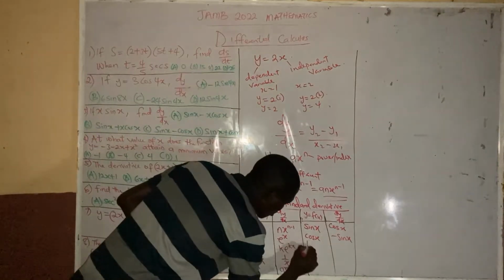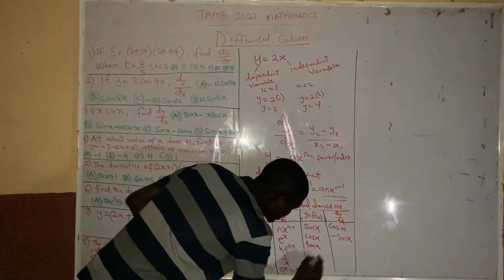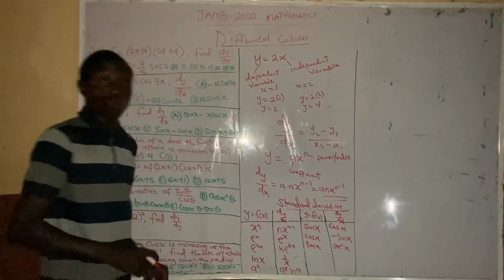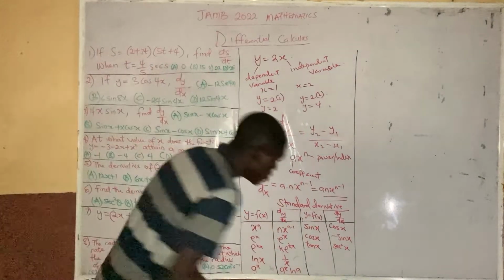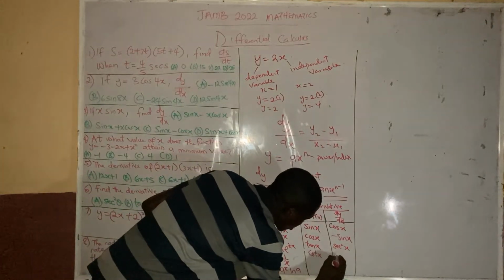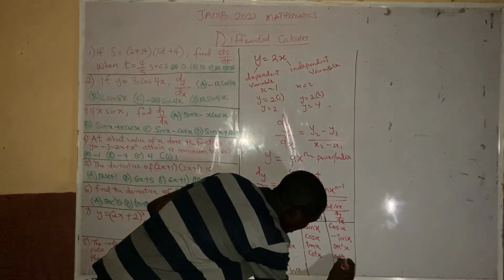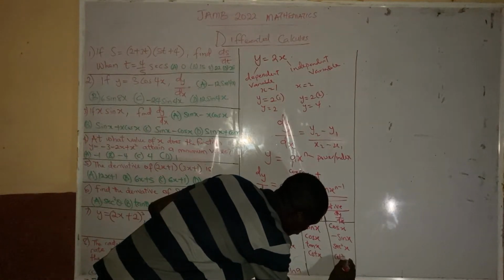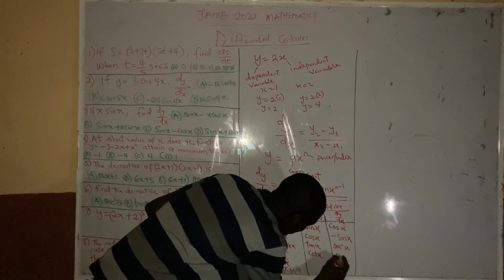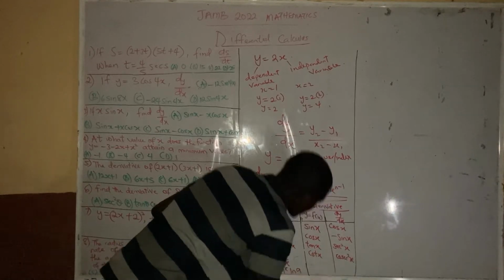The derivative of tan x is sec squared x. The derivative of cot x is minus cosec squared x.